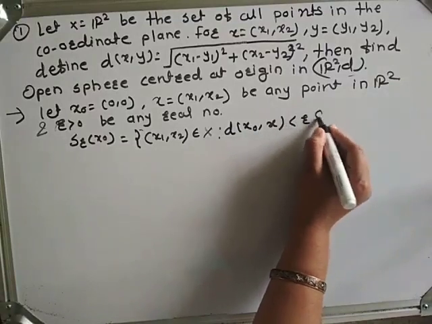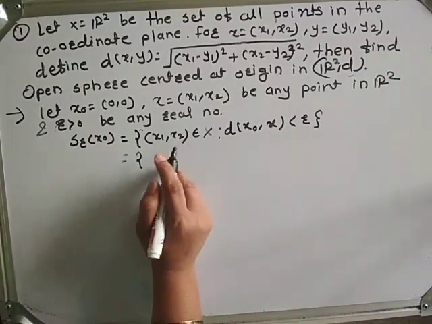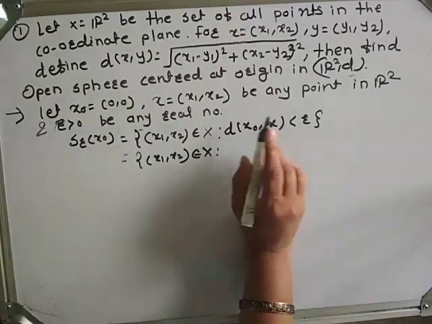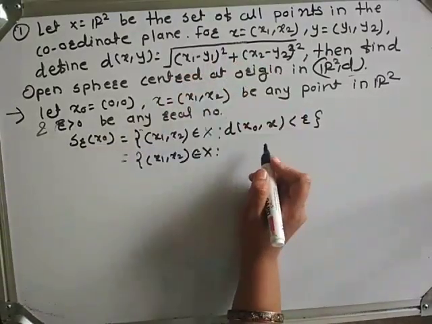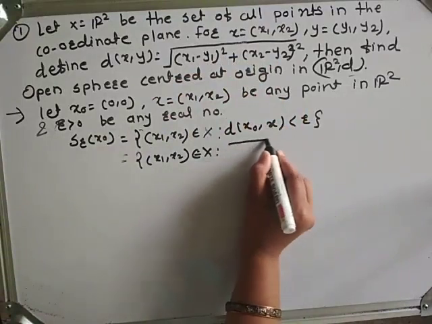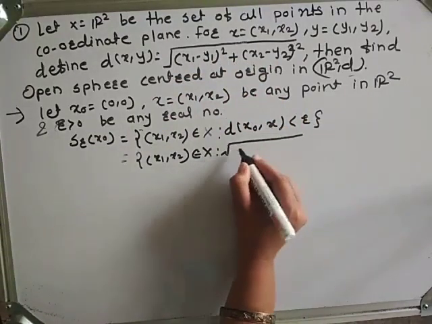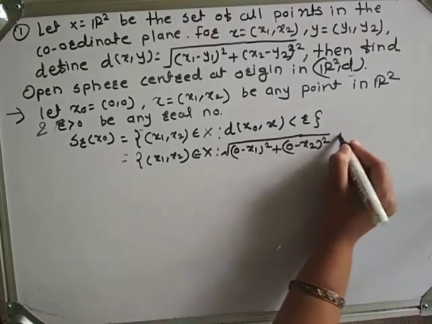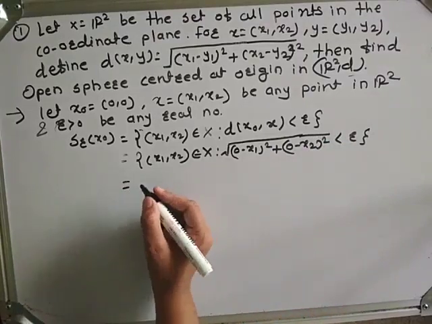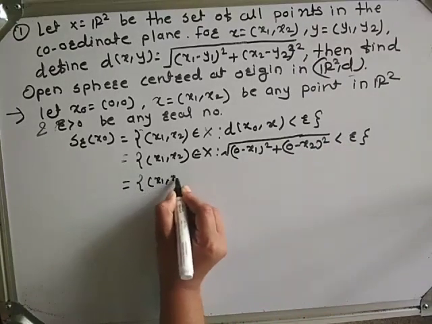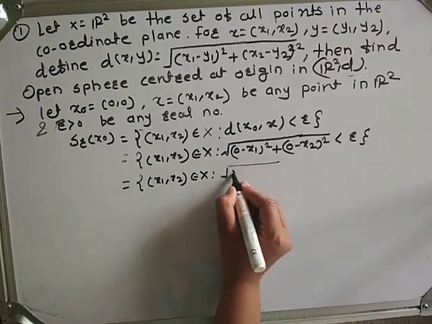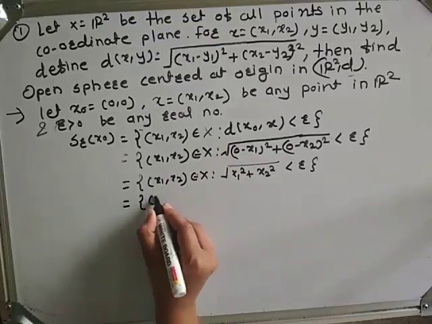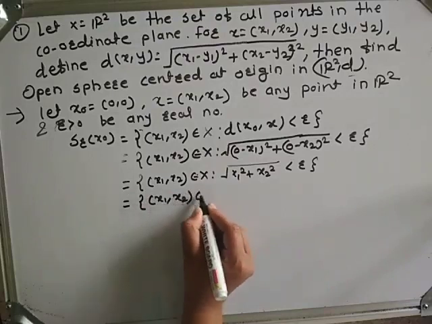is strictly less than r, which is equal to the set of all (x1, x2) belonging to capital X such that, here d is square root of (x1 minus y1) squared plus (x2 minus y2) squared. Therefore d(x0, x) is square root of (0 minus x1) squared plus (0 minus x2) squared, strictly less than r, which is equal to the set of all (x1, x2) belonging to X such that square root of x1 squared plus x2 squared is strictly less than r.